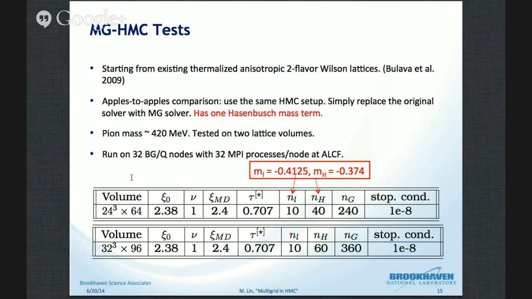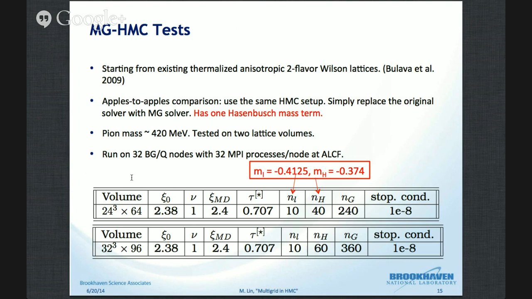We simply use the same HMC setup as these authors, and we just replace the original solver with MG, the multigrid solver. They used either CG or BiCGStab, and we want to see if by simply replacing the solver with the multigrid solver, we can have some gain.